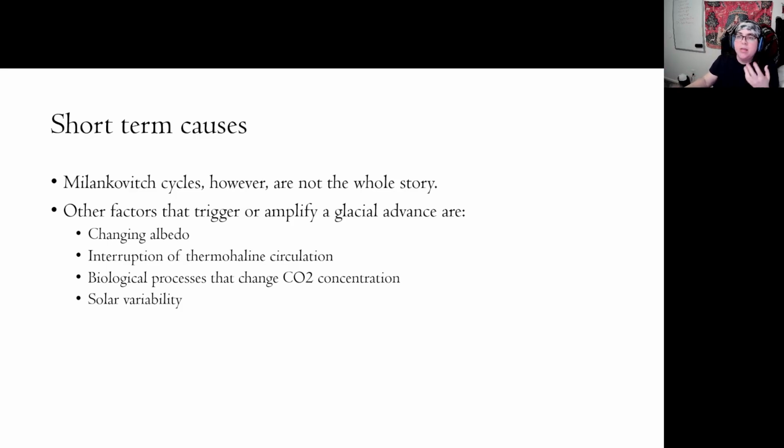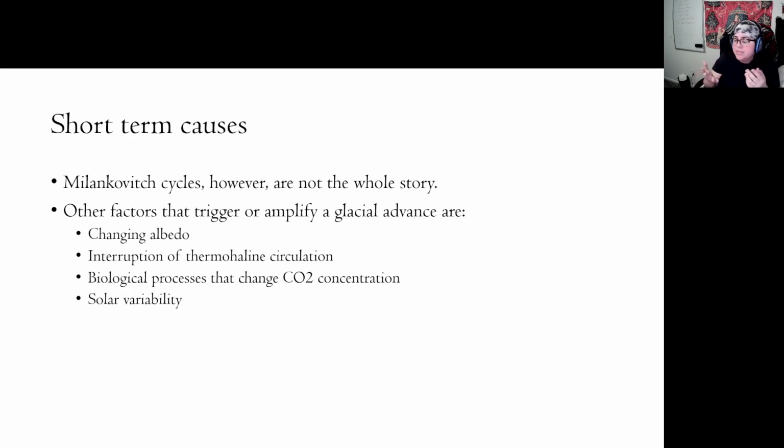For example, snow is white, so the sunlight reflects off. A road, for example, is darker, so it absorbs more sunlight and it's hotter. If it's reflecting, it's cooler. If it's absorbing, it becomes hotter.